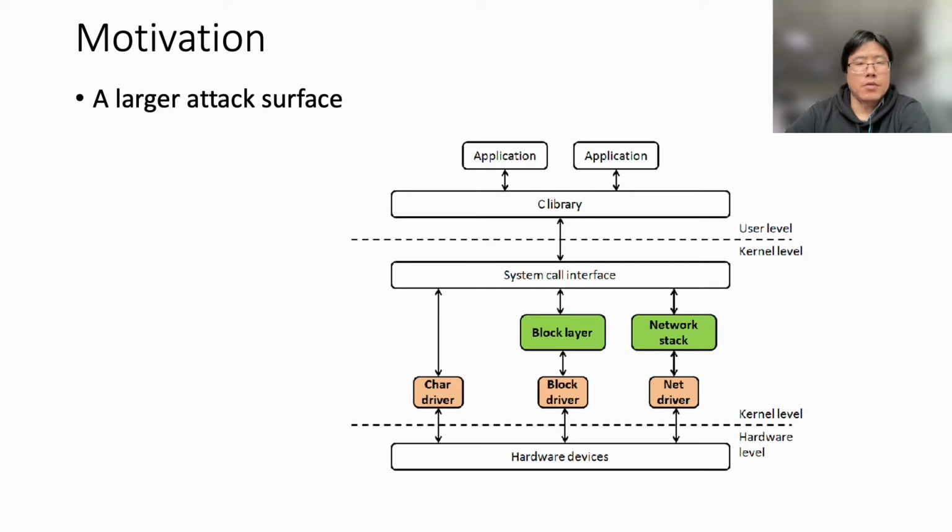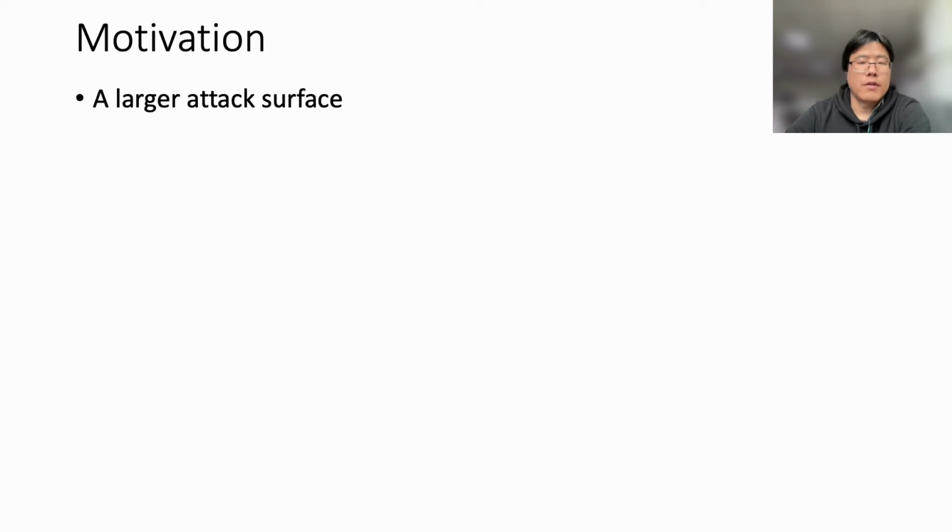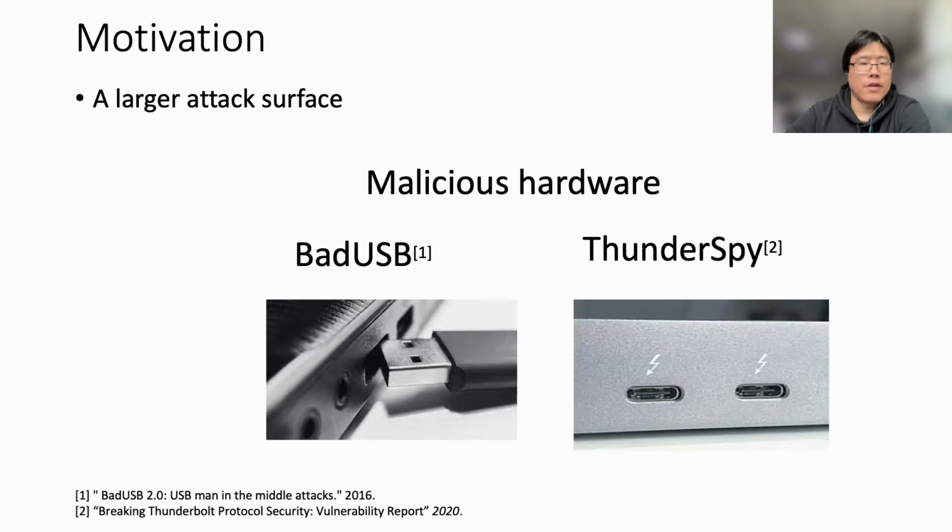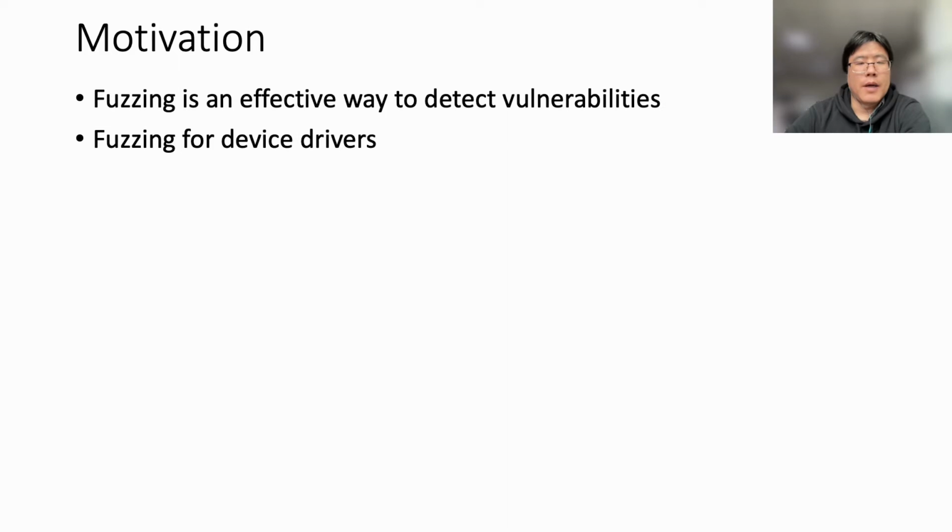As this picture shows, compared to other parts in the kernel, in addition to the traditional attack between user space and kernel space, the driver may also be attacked by malicious hardware, so the drivers have a larger attack surface. In recent years, some attackers have used USB ports and Thunderbolt ports to obtain root privileges of the operating systems. This is done by exploiting vulnerabilities in the drivers.